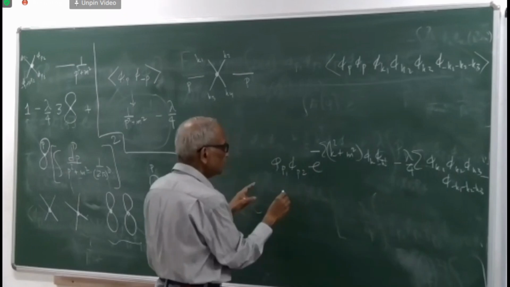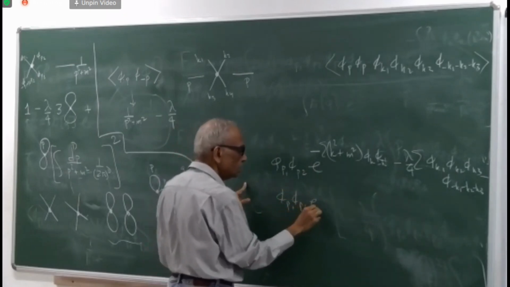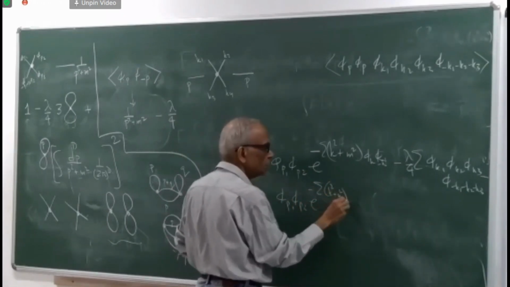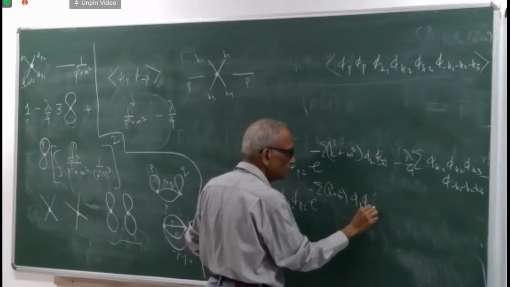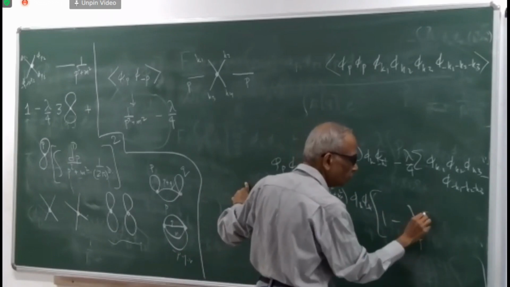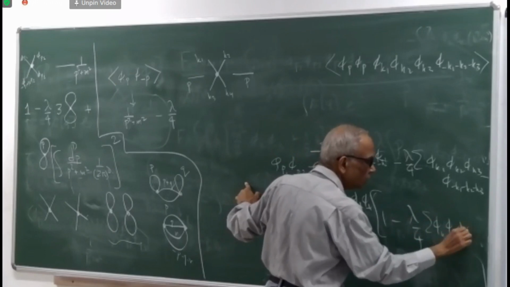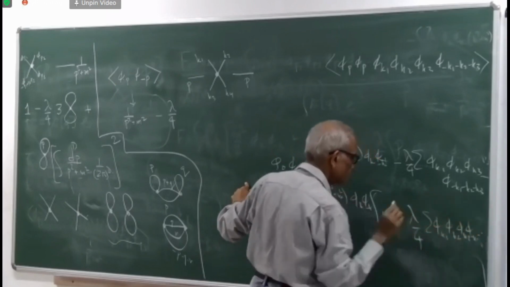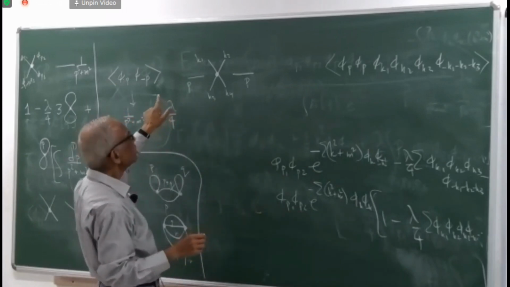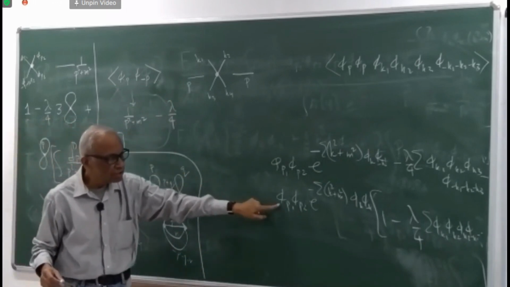Now, in order to evaluate it, the only thing I can do is Gaussian integrals. So I do this, phi minus k, and 1 minus lambda by 4, and then it is phi k1, phi k2, phi k3, phi minus k1, minus k2, minus k3. So the first term is just phi p1, phi p2, which is the Gaussian integral over here.